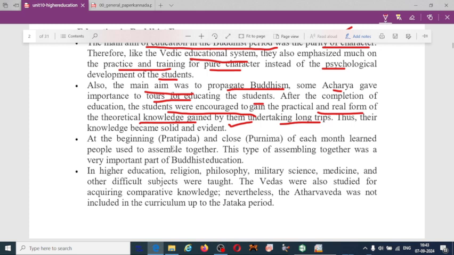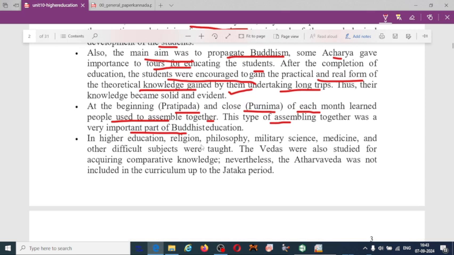At the beginning, Pratipada, and at the close, Purnima, of each month, learned people used to assemble together, and this type of assembly was a very important part of Buddhist education. In higher education, religion, philosophy, military science, medicine, and other difficult subjects were taught. Vedas were also studied for acquiring comparative knowledge. Nevertheless, the Atharva Veda was not included in the curriculum up to the Jataka period.